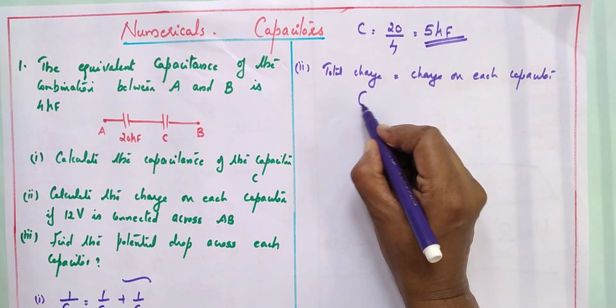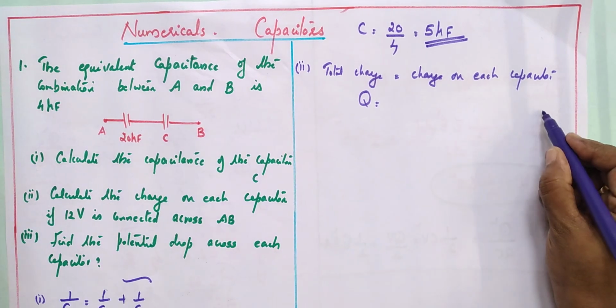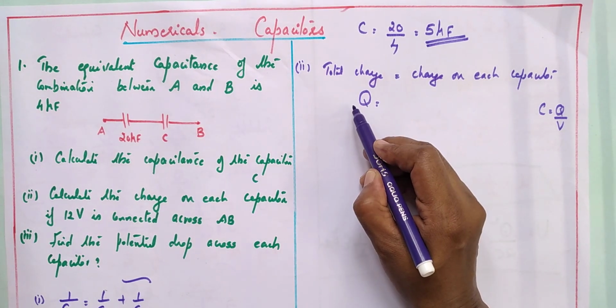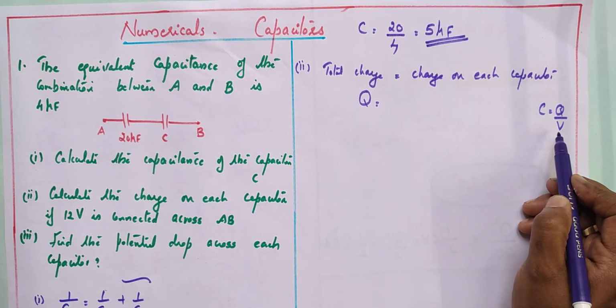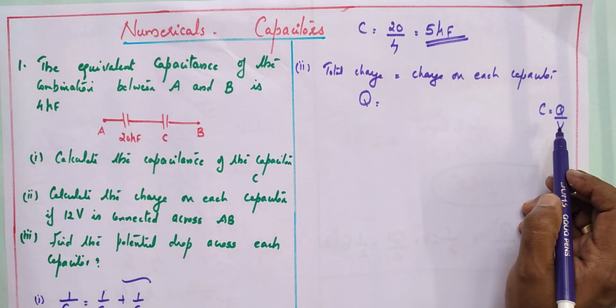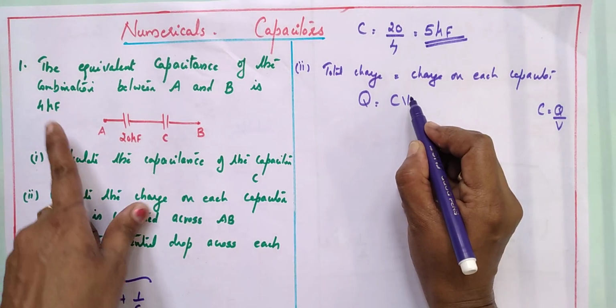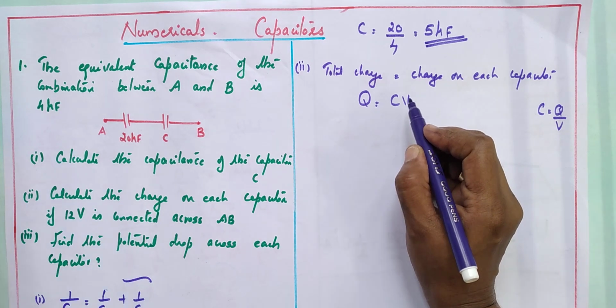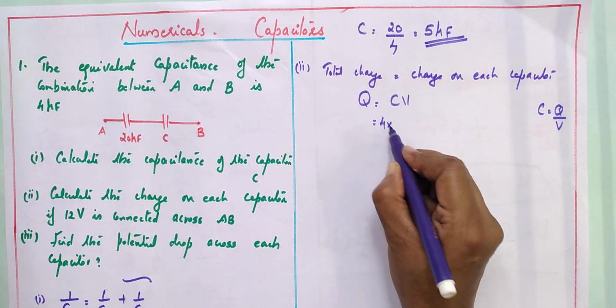So how will you find the total charge? We have C equal to Q by V, so charge equals capacitance into voltage. Total charge is equal to total capacitance into total voltage. The total capacitance, the capacitance of the combination, is 4 microfarad.